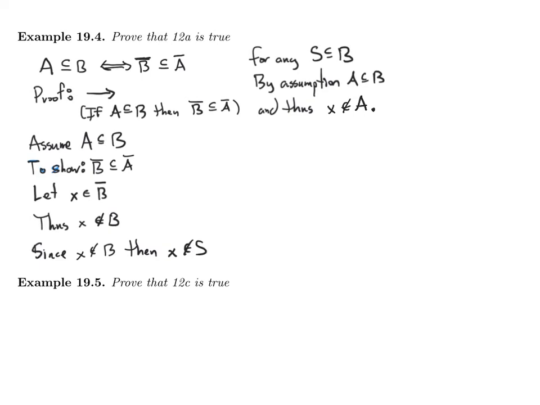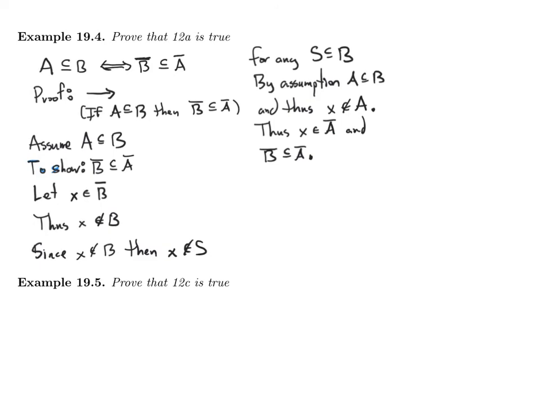If X can't be in A, thus X is in the complement of A, and we have that the complement of B is a subset of the complement of A, since we started with an element in the complement of B and showed it was in the complement of A.